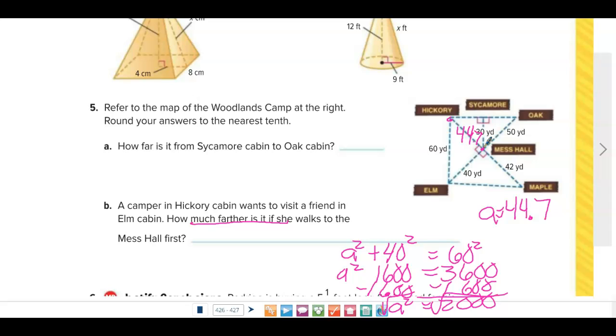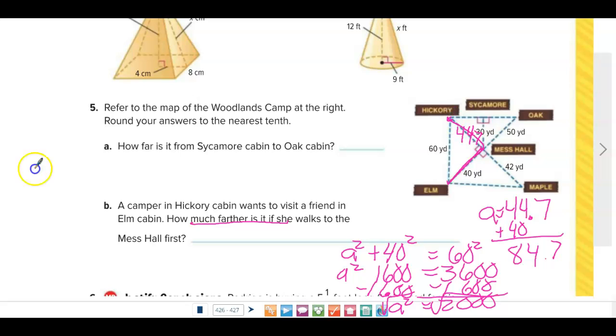But then I'm going to go from Mess Hall to Elm, which is an additional 40 yards. So when I add those together, I get 84.7 yards. So if that's the distance I have to go from Hickory to Mess to Elm, I want to again know how much farther it is than just going from Hickory to Elm.